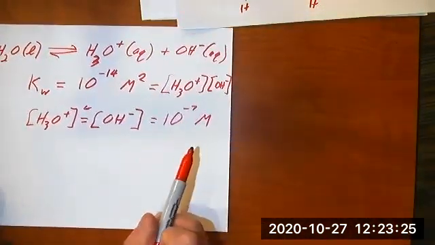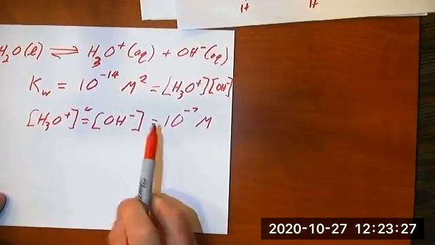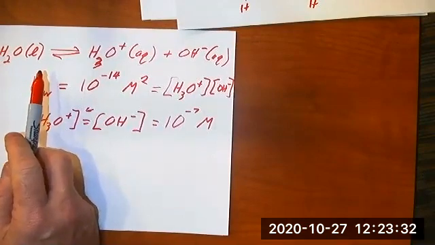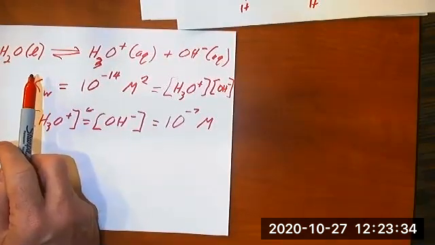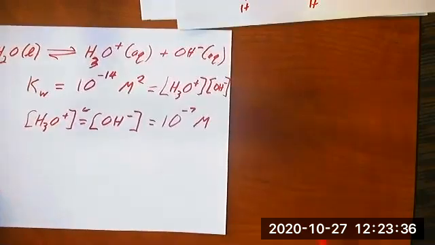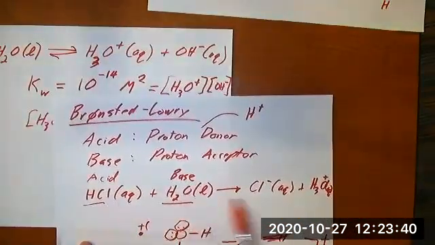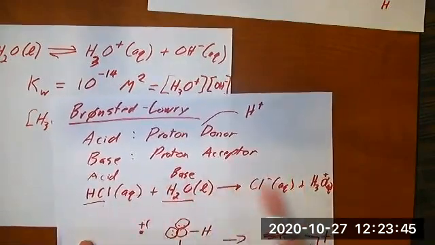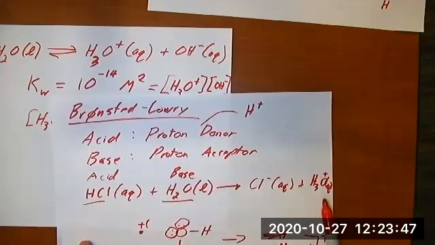Now, Le Chatelier's principle applies to this reaction just as it does any equilibrium. So if you imagine taking, say, hydrochloric acid and adding it to water, and as a result, this reaction forms hydronium ion.